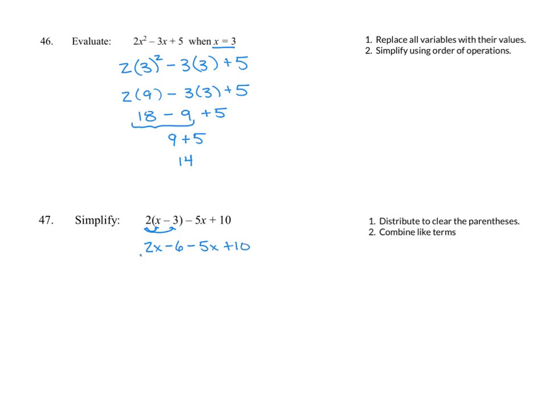We combine our like terms. We get 2x and negative 5x combine to give us negative 3x, and negative 6 and positive 10. We have different signs, so we're going to subtract and keep the sign of the larger number. We get plus 4.